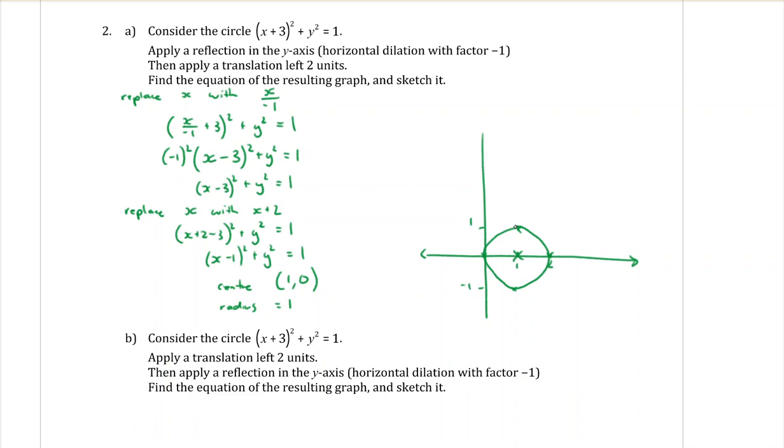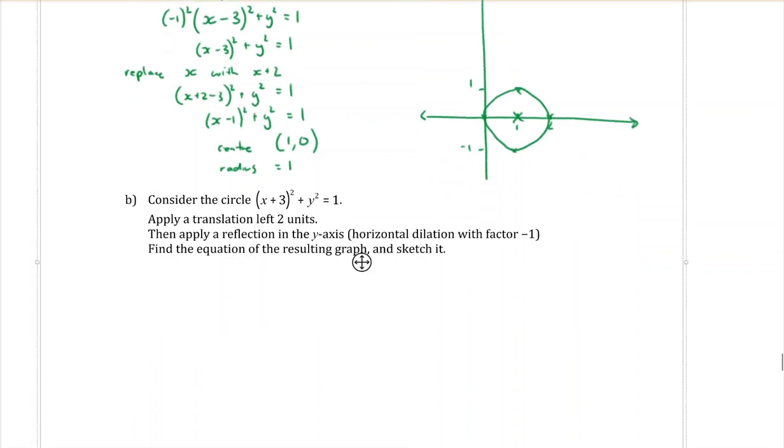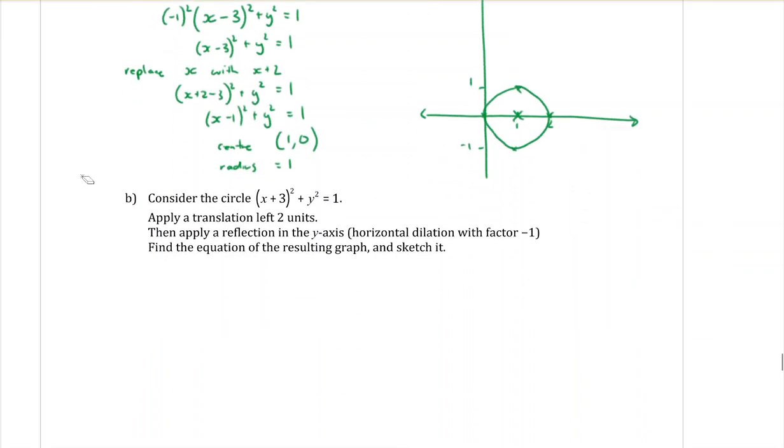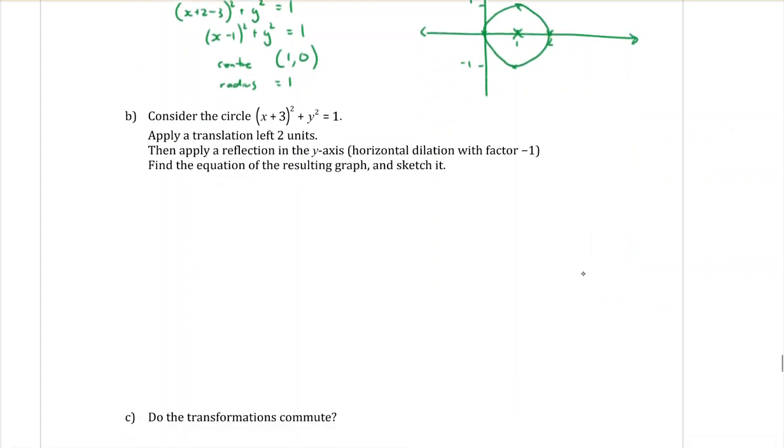Now part B is going to be to apply those steps in the opposite order. We have our same equation of a circle again, but this time it says to apply the translation of left 2 units first. So, reversing the steps, we're going to replace the x with x plus 2 into my equation.